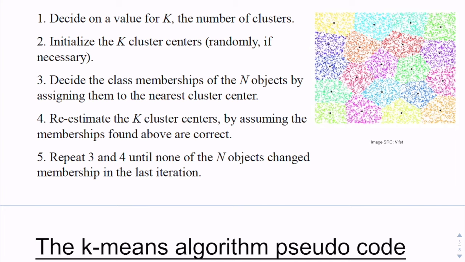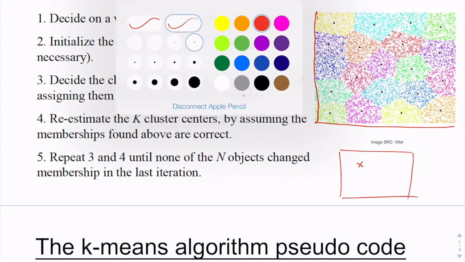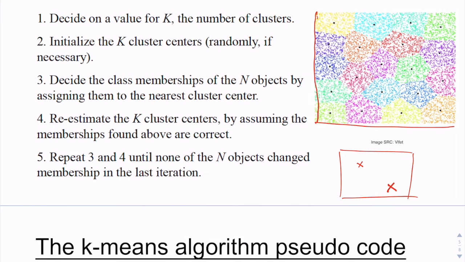For instance, in this two-dimensional representation, let's say I have assigned these 2 points as two random cluster centers.